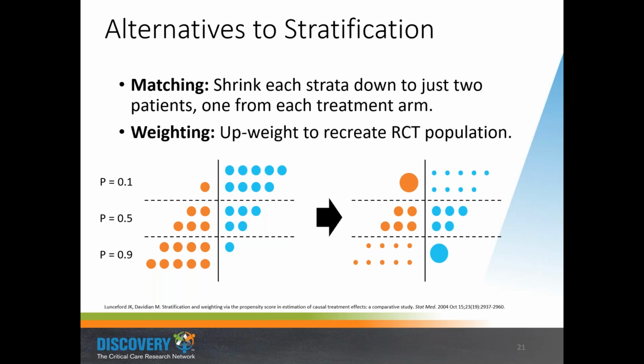So if this had been a truly random sample, you would have expected to see 10 of that patient. But in the biased sample where that patient had a low propensity of receiving the treatment, you only saw 1 of them. So you just need to upweight that person so that they contribute 10 instead of 1. And same with the people at the bottom left. There's a lot of them, but if it had been a random sample, there would have been fewer of those kinds of people. So you just downweight them.